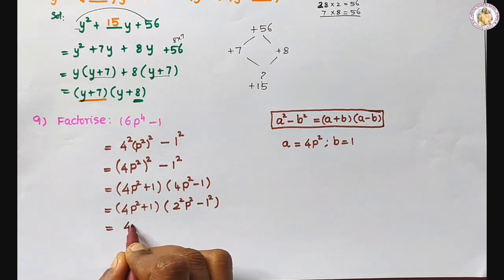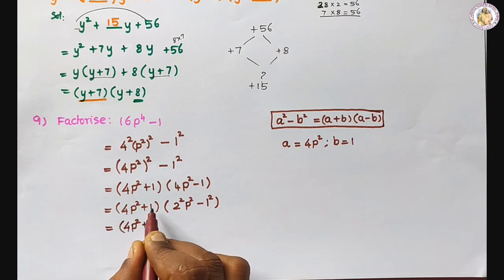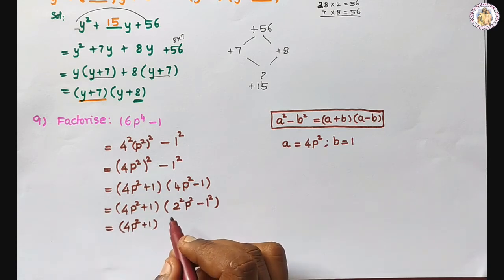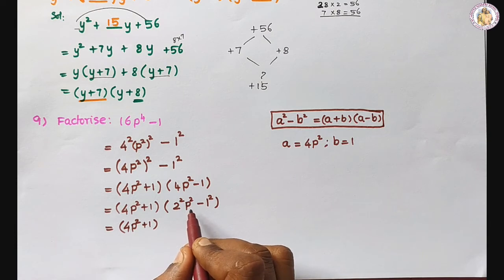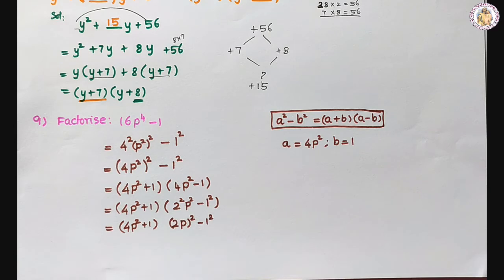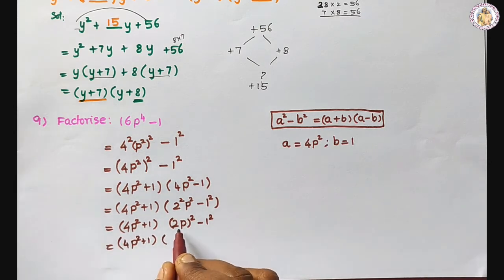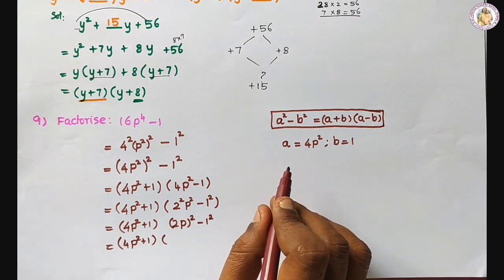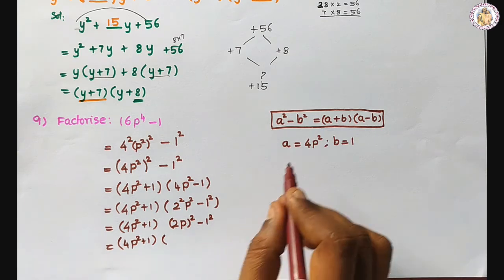Here 2 squared p squared, that is 2p whole squared, minus 1 squared. It can be written as 4p squared plus 1 into a plus b into a minus b.